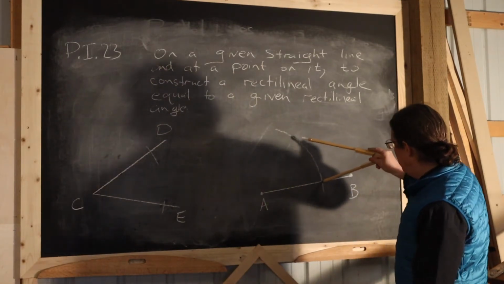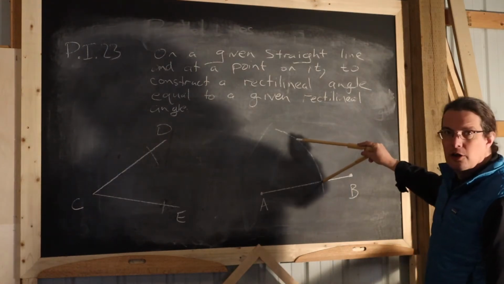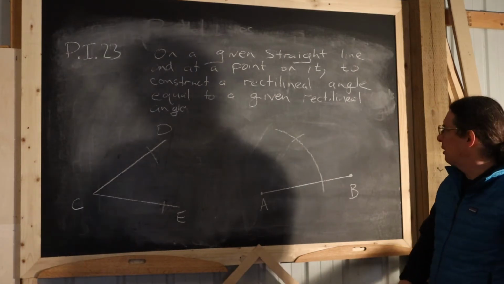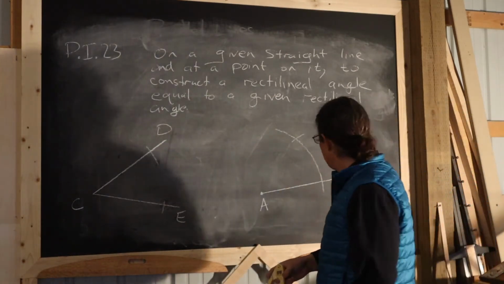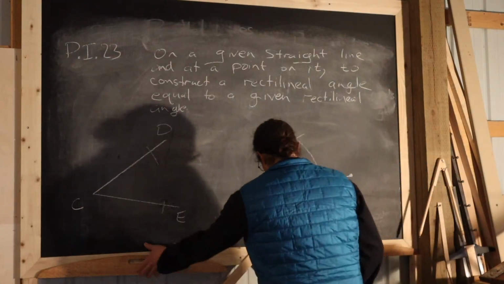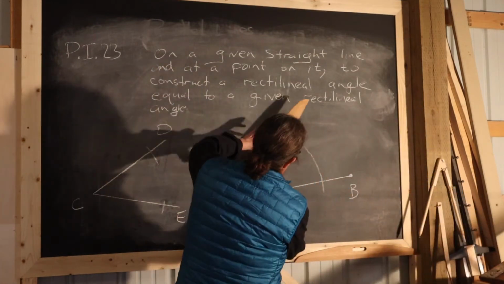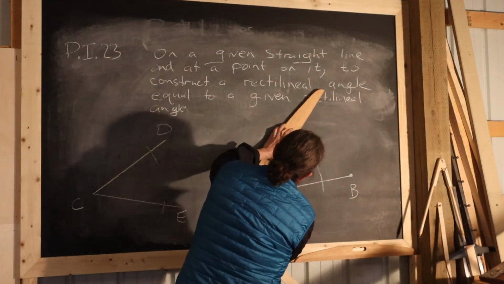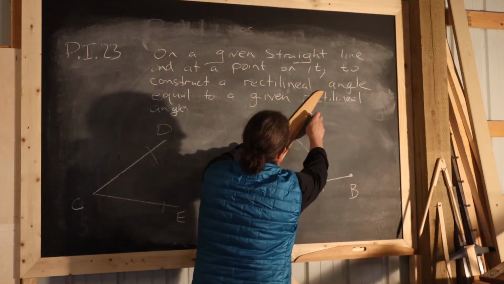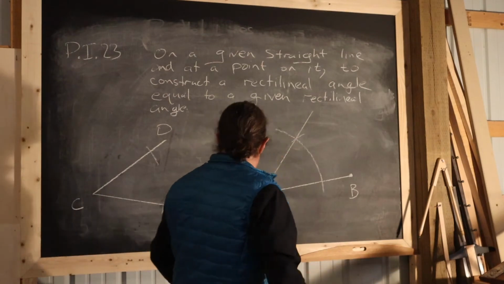Put the tip of my compass on the line segment AB where that arc intersects it, and then with the marking tip, I'm going to draw an intersection elsewhere on the arc. That intersection, I'm going to connect point A to it with a new line segment.